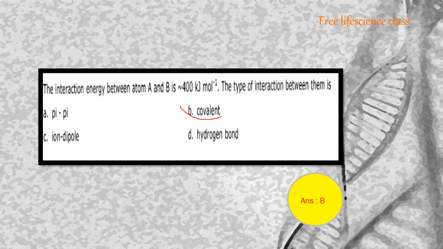Always remember that it is the high energy bond forming between two atoms. So from this itself we can identify which type of interaction is between A and B.